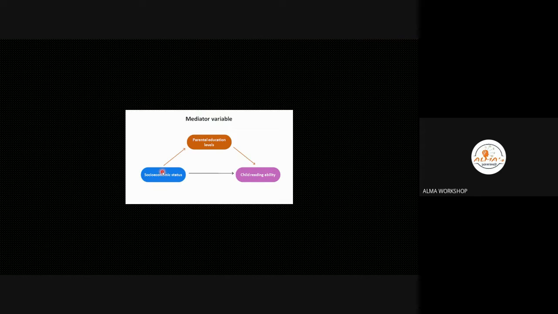So in between these independent and dependent variables, you have a mediator variable, which is your parental educational level. Whenever a child wants to get first rank, if you as a mother help her out very nicely, she is going to get higher marks, her rank is going to stand higher, or she is going to come up well in her life. It all depends on the parental education levels. So it is a mediator variable.